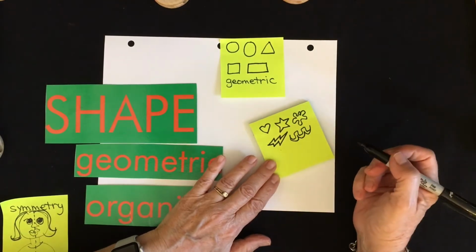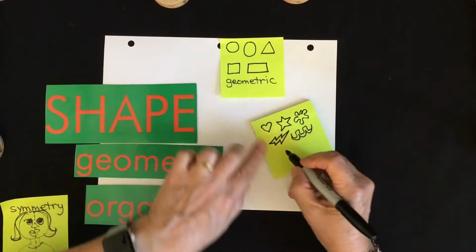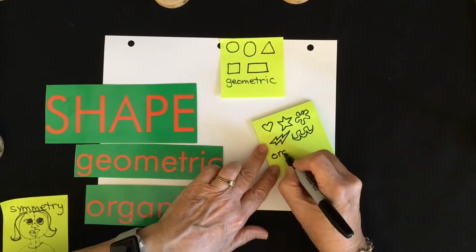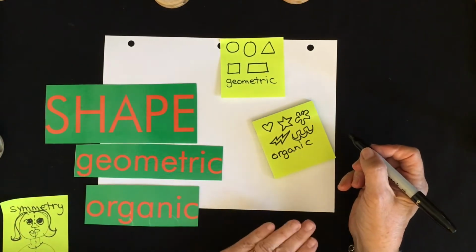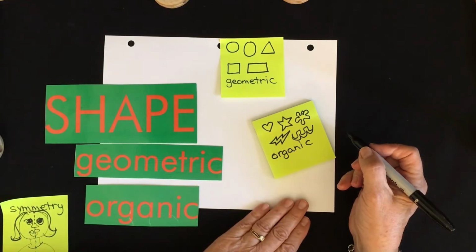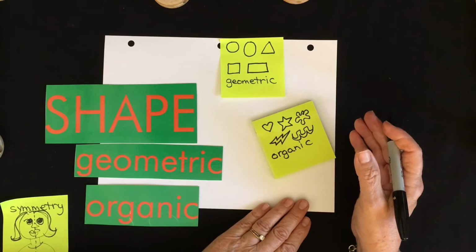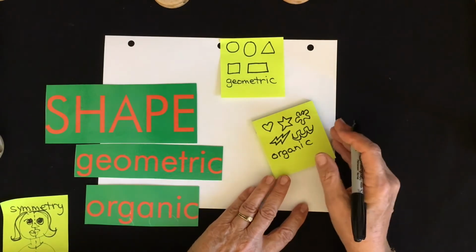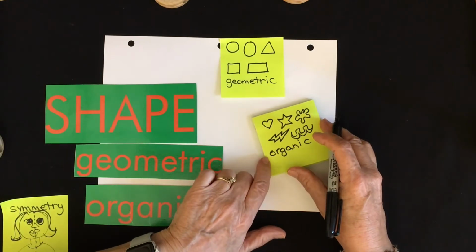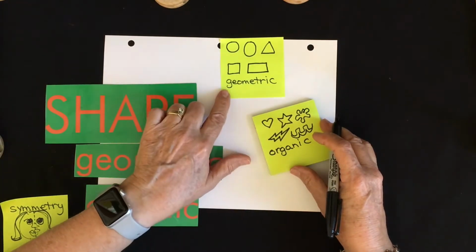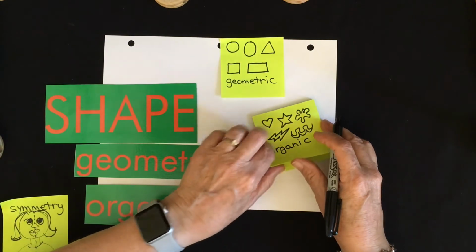None of those are geometric. Those are called organic. I know you may have heard organic when you go to the grocery store, because sometimes they have organic food which has no ingredients in it that you don't want. Maybe they're very natural. So it's the same word but with a different meaning. Geometric are these shapes, organic are these.